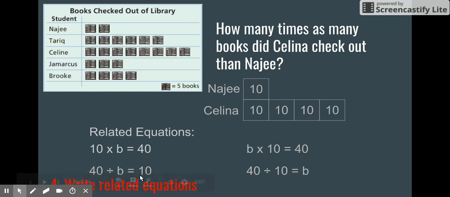Again, I'm not going to use this one because there's an answer here. But I can also write 40 divided by 10 equals b. And now I have my known quantities on one side of the equal sign, and this is going to be the equation I'm going to use. Once again, you'll notice, even though it's a multiplication comparison problem, I'm using the inverse operation of division to solve this problem.